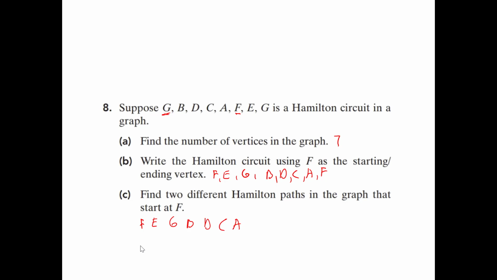And if I take it backwards, F, A, C, D, B, G, E, F, and don't write the last one, then I have a different one. That's a different path, and they both start at F.